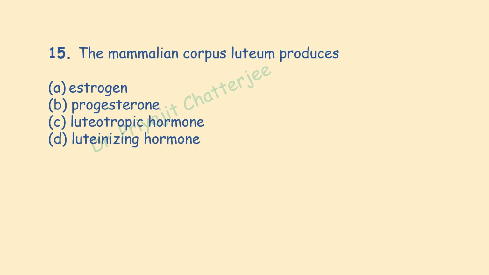Such an endometrium is necessary for implantation of the fertilized ovum and other events of pregnancy. During pregnancy, all events of the menstrual cycle stop and there is no menstruation. In the absence of fertilization, the corpus luteum degenerates and this causes the disintegration of the endometrium, leading to menstruation, marking a new cycle. So here the correct answer will be option B, progesterone.